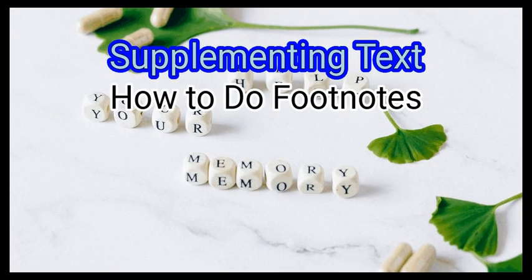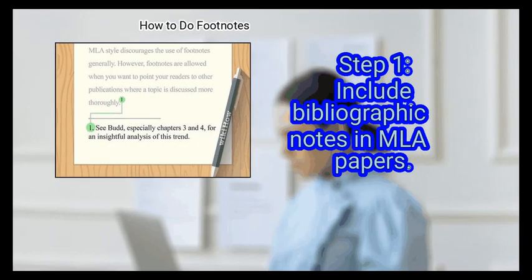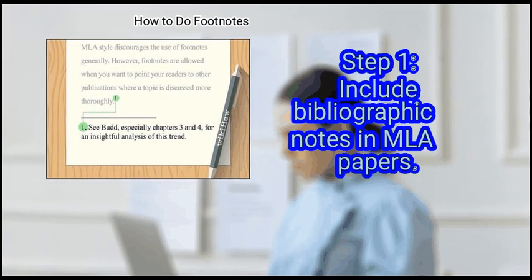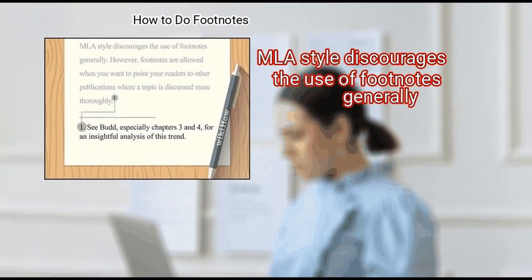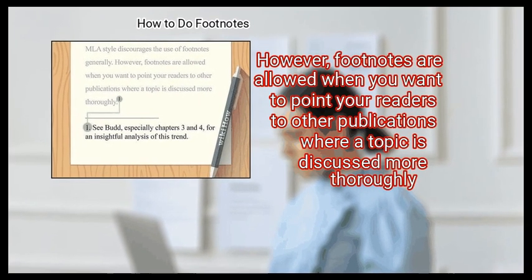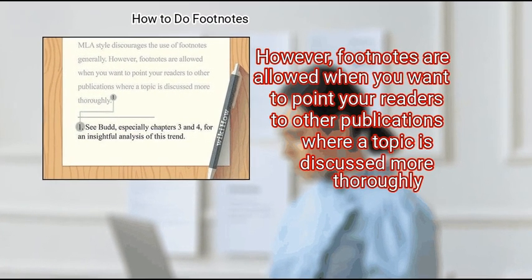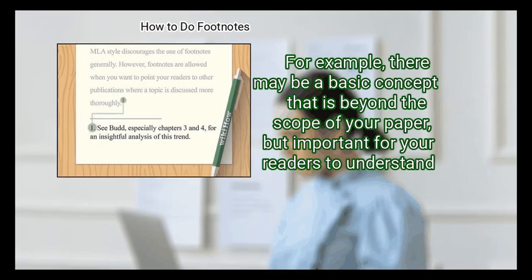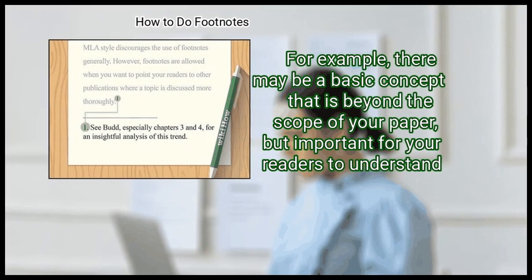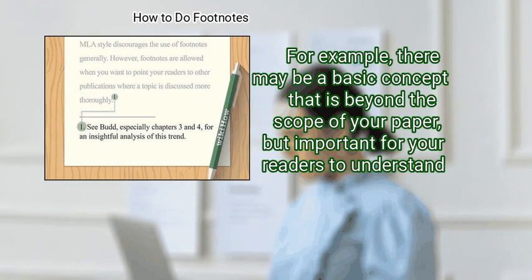Method 3: Supplementing text. Step 1: Include bibliographic notes in MLA papers. MLA style discourages the use of footnotes generally. However, footnotes are allowed when you want to point your readers to other publications where a topic is discussed more thoroughly. For example, there may be a basic concept that is beyond the scope of your paper, but important for your readers to understand.